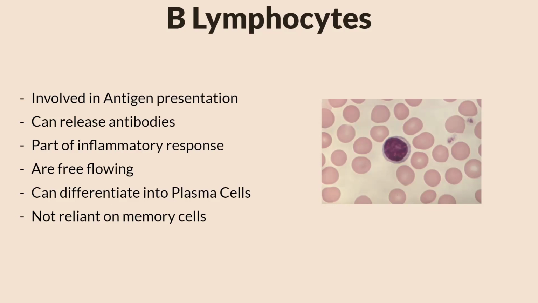They go around everywhere and perform functions where they need to. They can differentiate into plasma cells, as you saw in that little graphic that John showed at the start. That's the end of that whole chart. And it's not reliant on memory cells, right? It just senses the antigen, breaks it up, and releases antibodies.